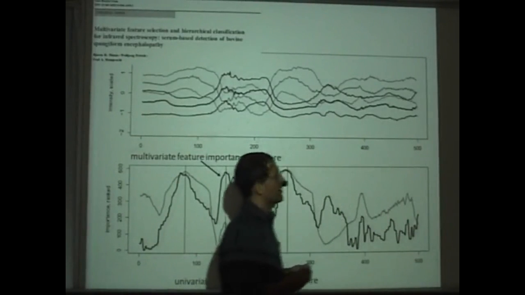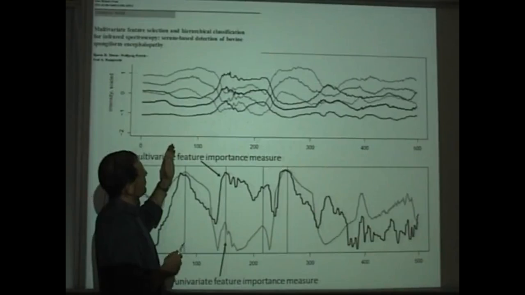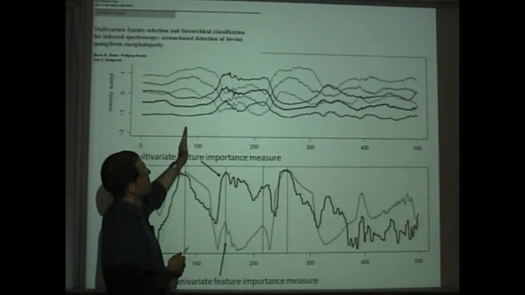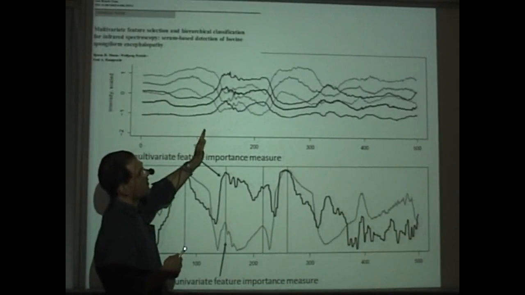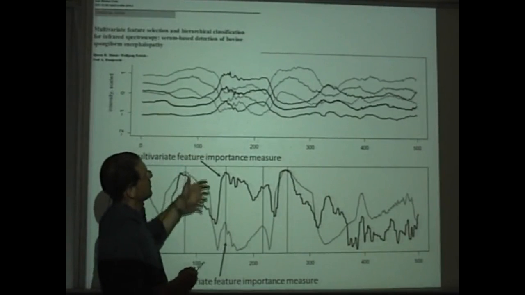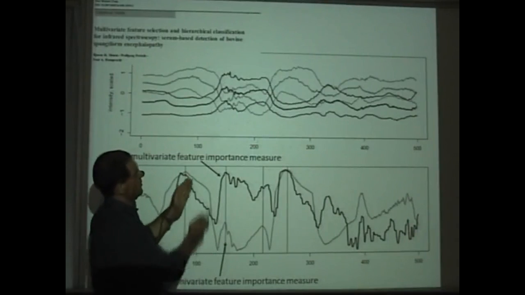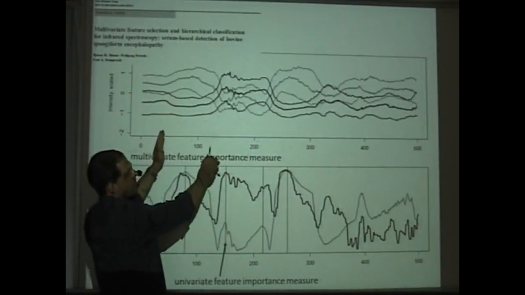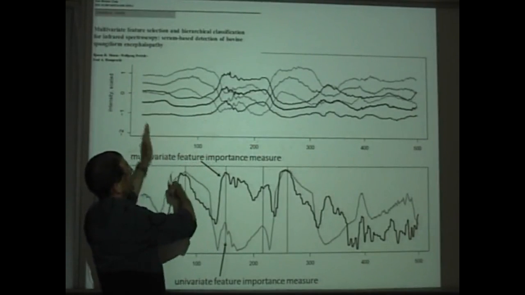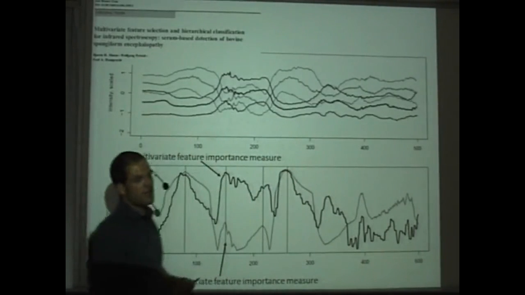The t-test that I mentioned allows you to ask for each spectral channel, or each feature separately, do we believe that it should be in the model or not? And the f-test makes a similar statement for an arbitrary subset of variables. These need not be adjacent variables in the spectrum. In an f-test, I could ask whether this variable plus that variable should be included in the model or not.